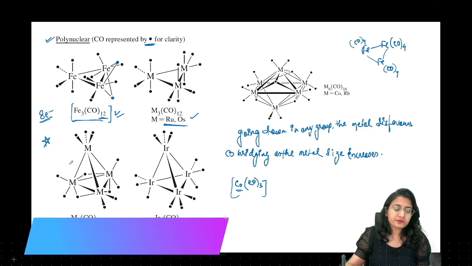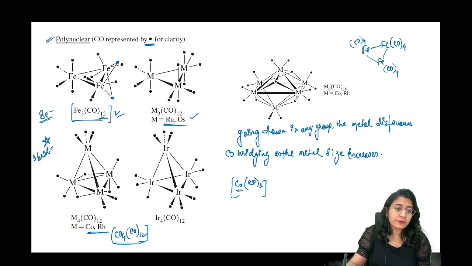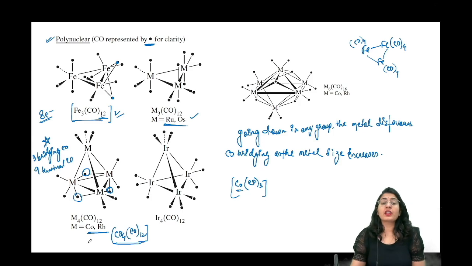So you see that there are 3 bridging, total are 12, right? 3 bridging carbonyls, 1, 2 and 3, and 9 terminal carbonyls are present, both for cobalt and rhodium.